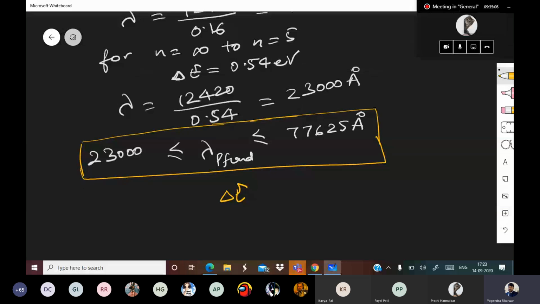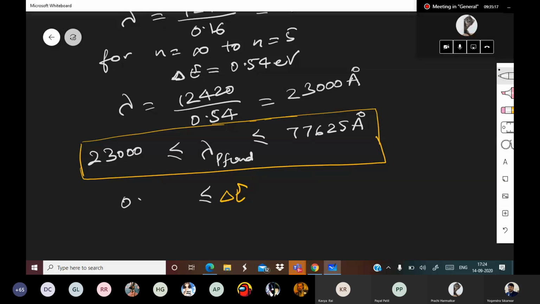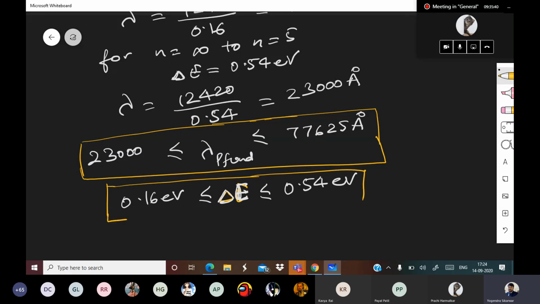And the energy difference is from where to where? 0.16 eV to 0.54 eV.